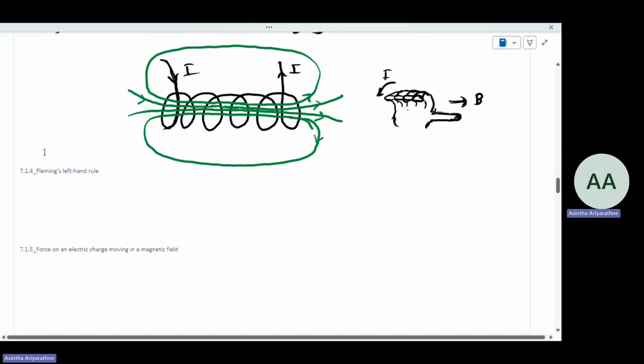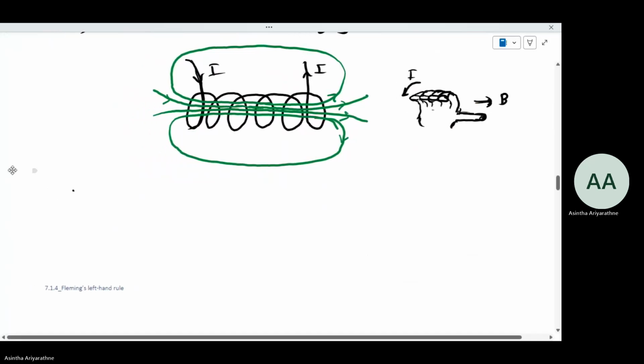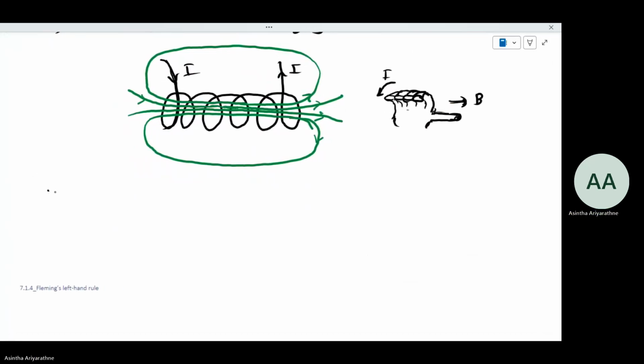Right. So now let's see actually how this force is induced. Force is induced in between two magnetic fields.